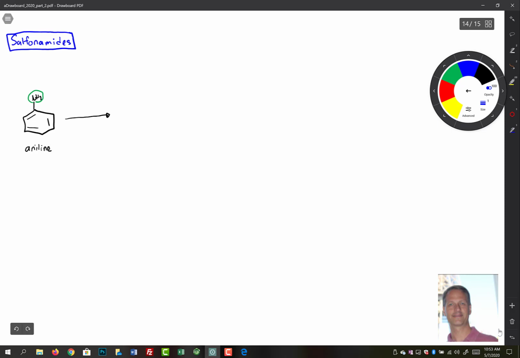So we want to do an electrophilic aromatic substitution, but if we have anything in here that's slightly acidic, that'll get protonated, and that'll deactivate the ring. So what we're going to use here is this. We're going to use an acid chloride.